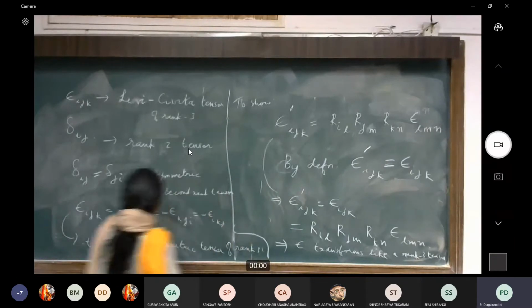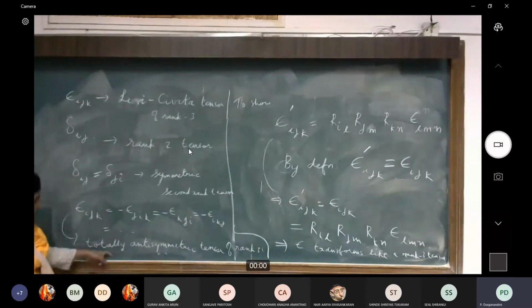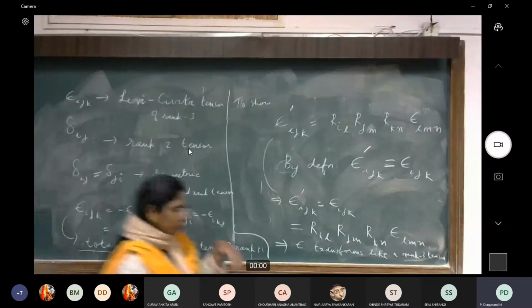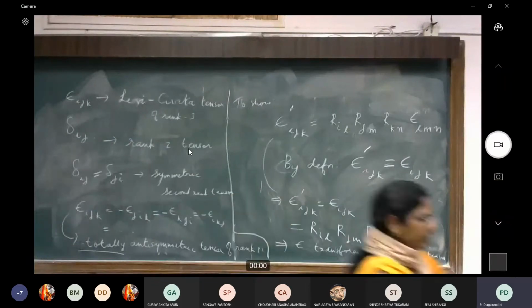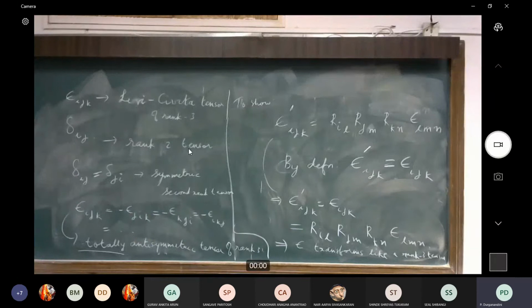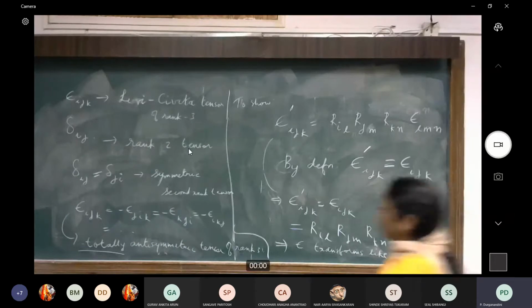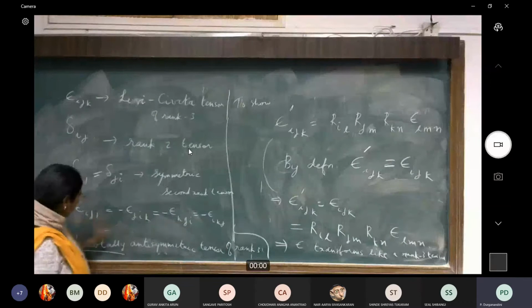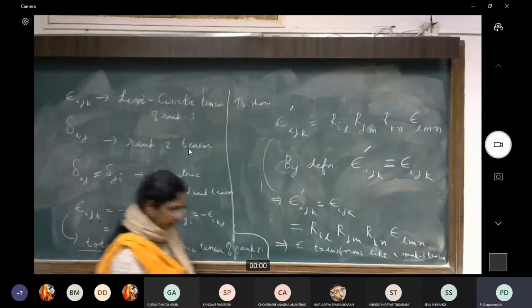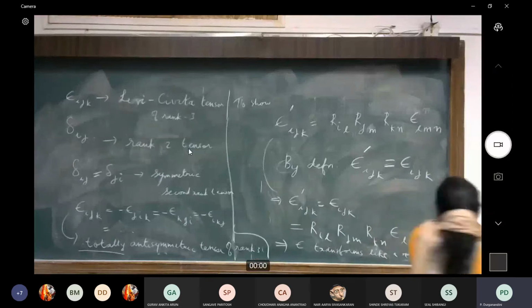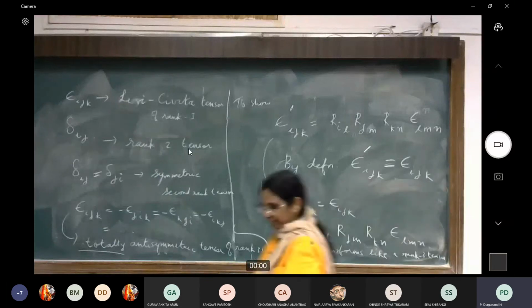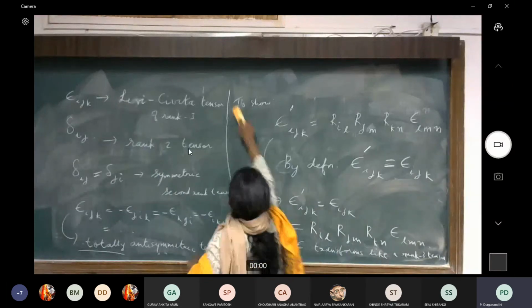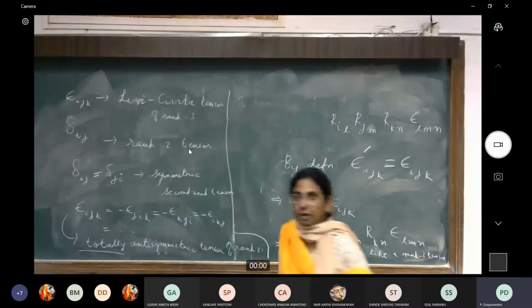That means if I exchange any two indices, it is antisymmetric. The word totally is used because it's now higher than rank 2, so it is antisymmetric under exchange of not just the first two indices. If I exchange the first two indices, it is antisymmetric, the second two it is antisymmetric, or the first and third it is antisymmetric. So that's why it's called the totally antisymmetric tensor of rank 3. While delta ij is a symmetric tensor of second rank. To show that epsilon ijk.